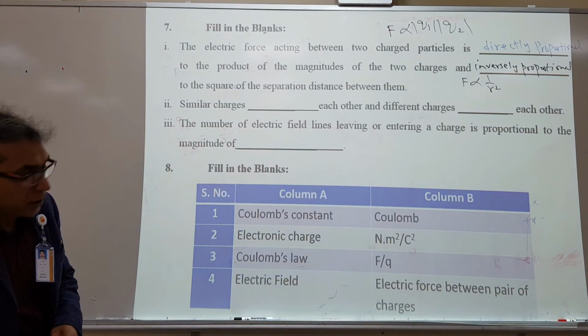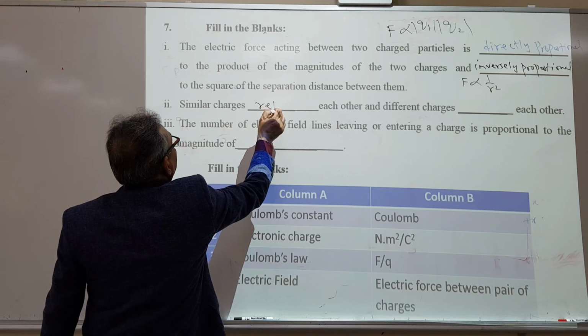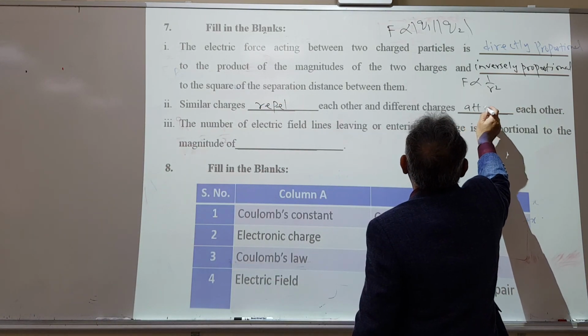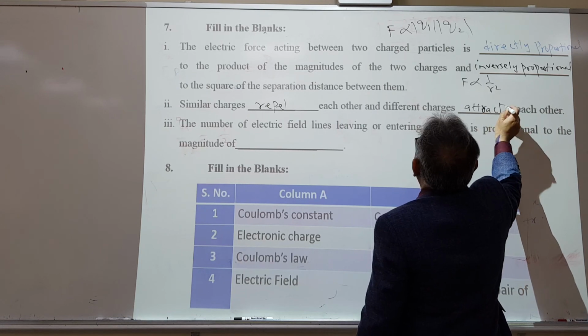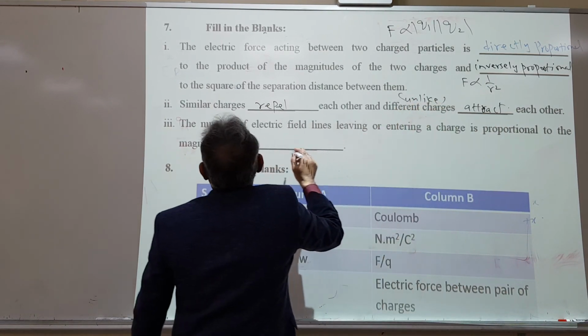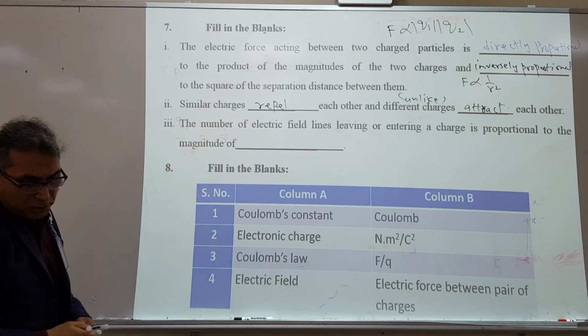Like charges repel each other and unlike charges attract.